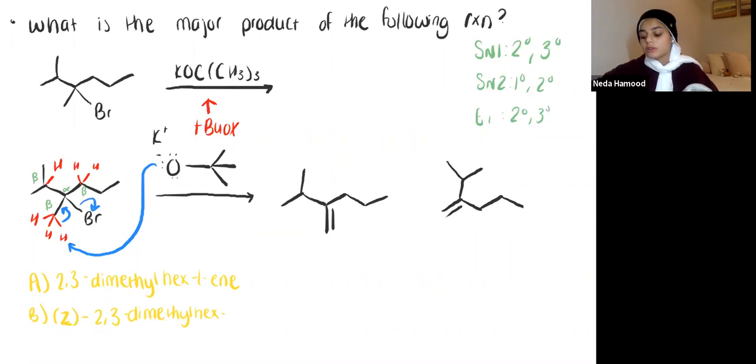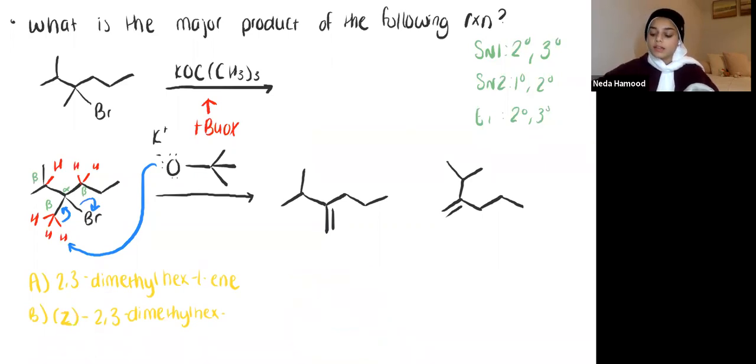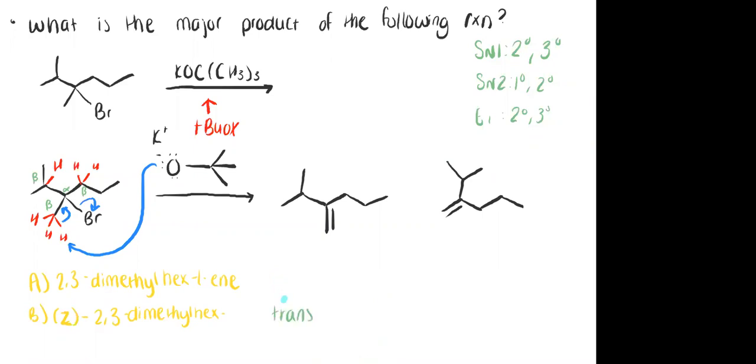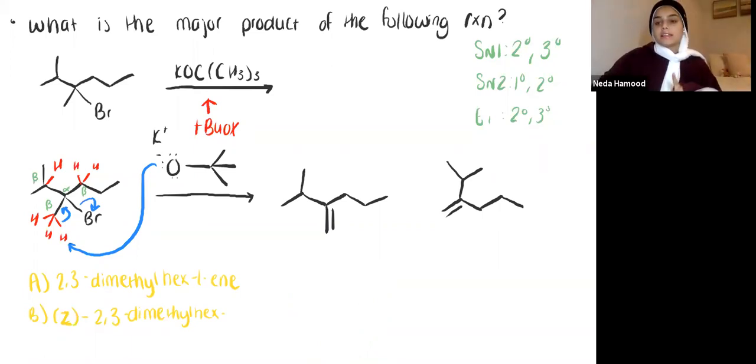Like if we're looking at a circle, we have the E and Z system of naming, and then over here we would have cis and trans within it. But Dr. Dowdy wouldn't give you E and then give you trans, because, you know, E doesn't mean the same thing as trans. There are specific rules for that anyways.